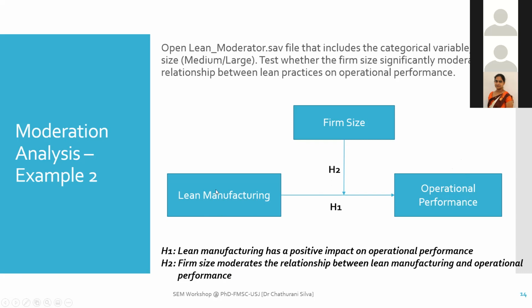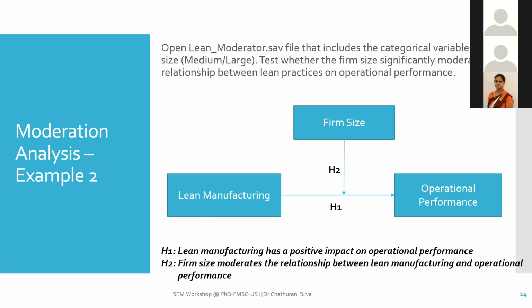That means whether this relationship varies across different firm sizes. Are you hypothesizing a positive or negative moderation here? Positive means that when firm size gets larger, this relationship is higher.